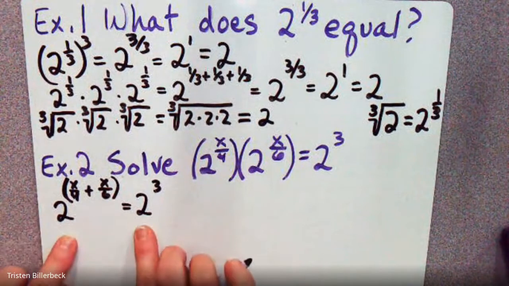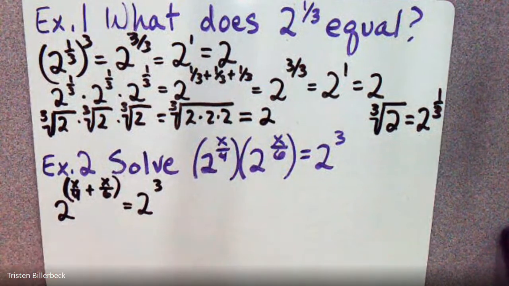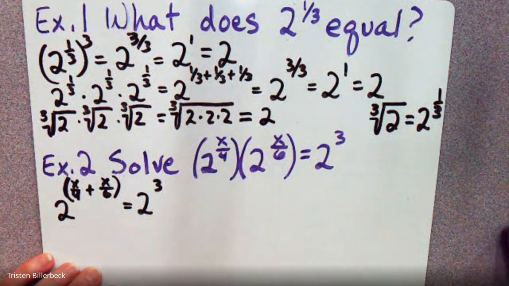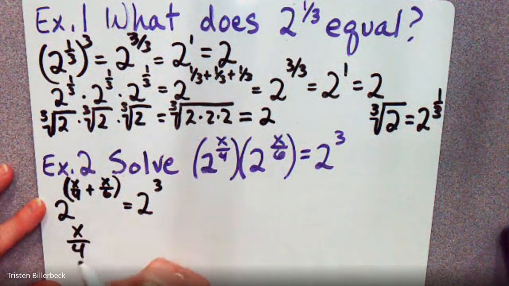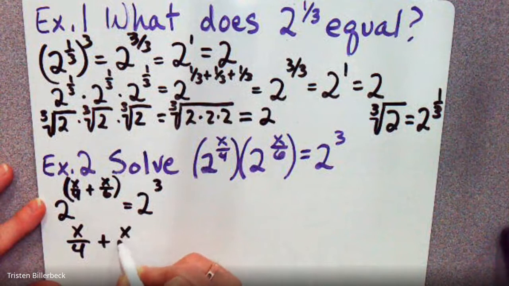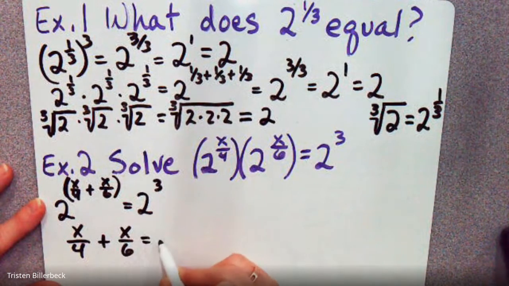So instead of including the bases now, let's solve for x with that assumption. So what we're going to do is write just x over 4 plus x over 6 equals 3.